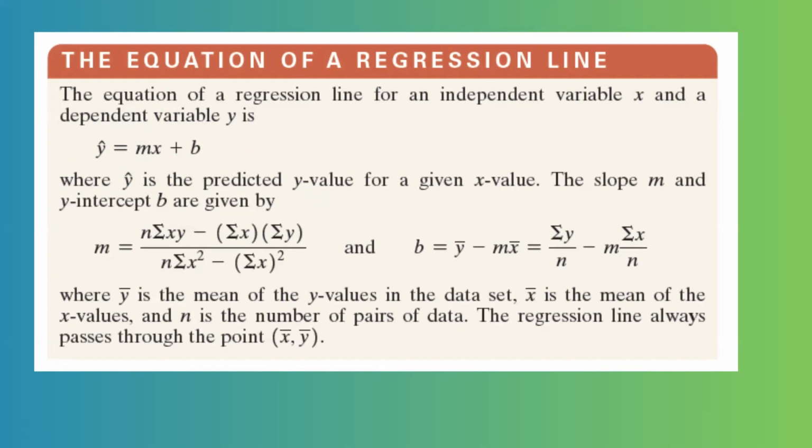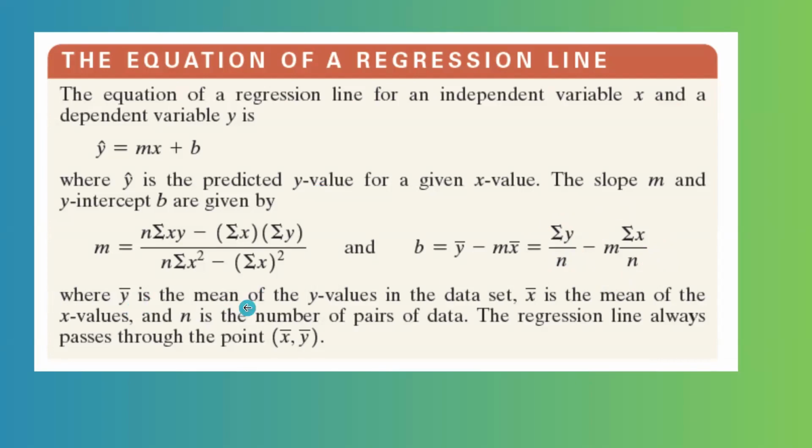The slope m and the y-intercept b are given by m equals n times the summation of xy minus the summation of x times the summation of y, divided by n times the summation of x squared minus the summation of x to the second power. And b, the y-intercept, is y bar minus m x bar, which is sigma y divided by n minus m times sigma x divided by n.